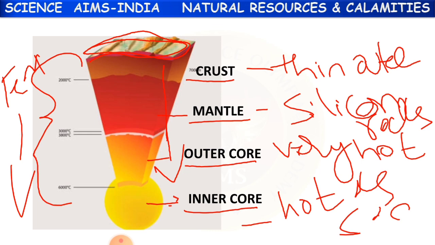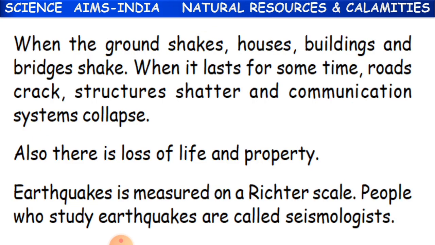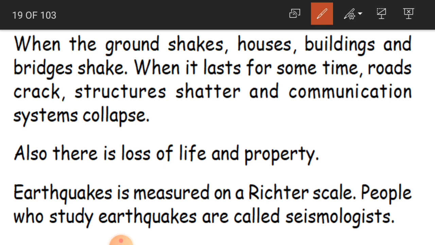Understood? Yes. You have to remember this, because of these layers of the earth, even a volcano is also possible, because of the changes of the earth. And when the ground shakes, houses, buildings and bridges shake. What happens when the ground is shaken?